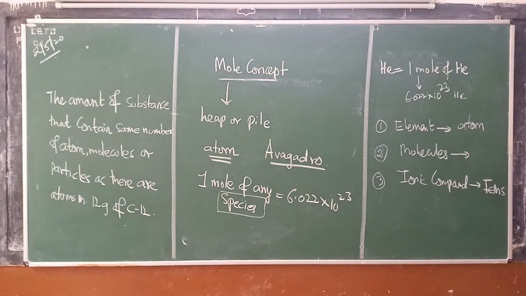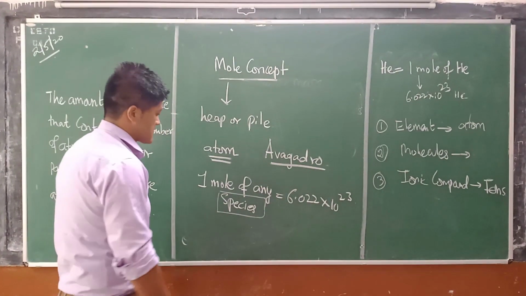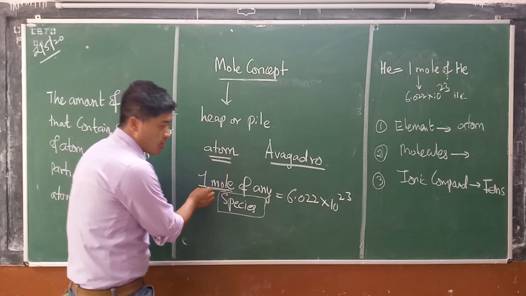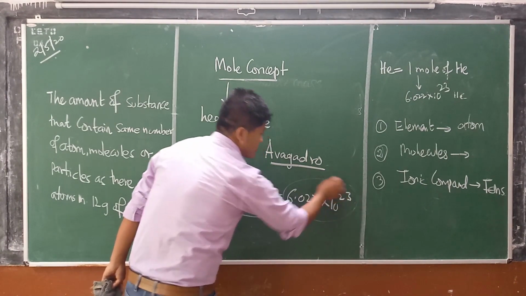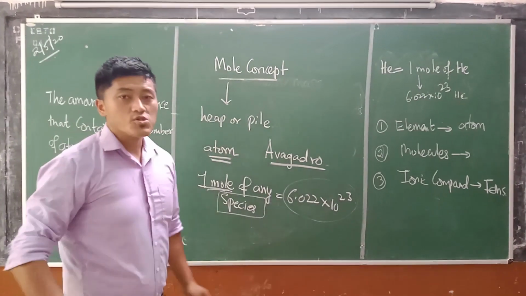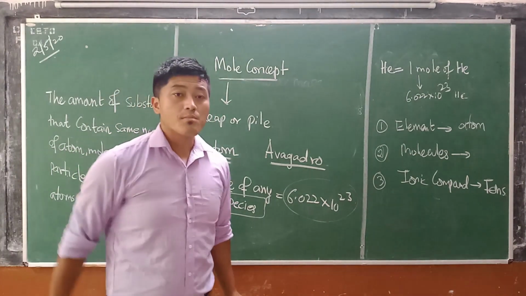Is that clear? So in short, if I conclude here, generally 1 mole is equal to 6.022 into 10 raised to power 23. Now it's okay if you go to a supermarket and say something like, can you please give me 1 mole of chocolate?